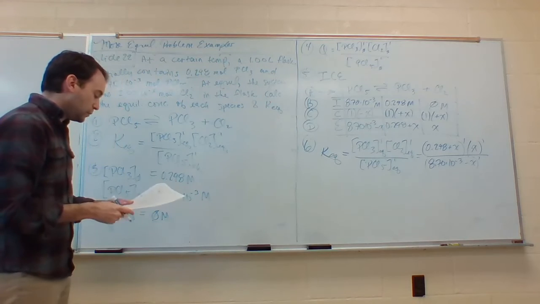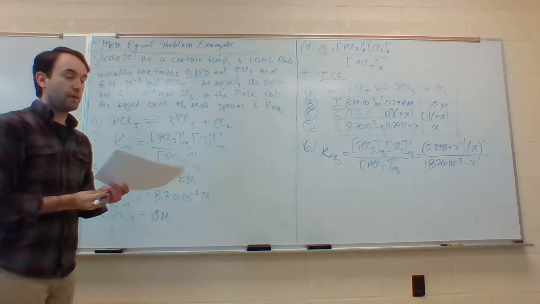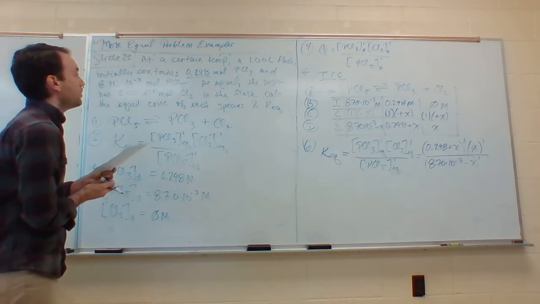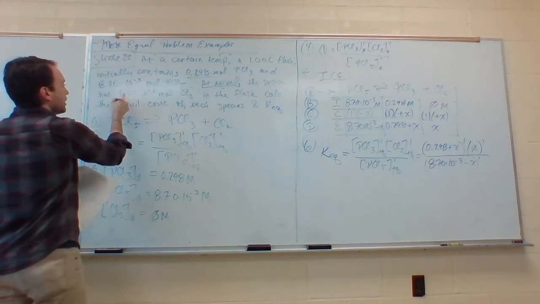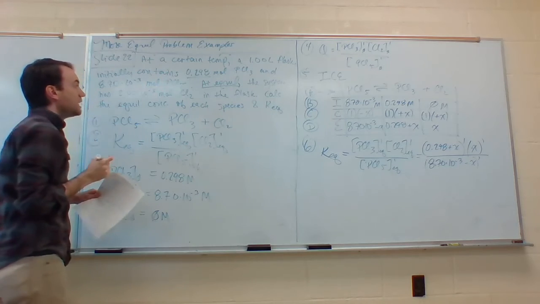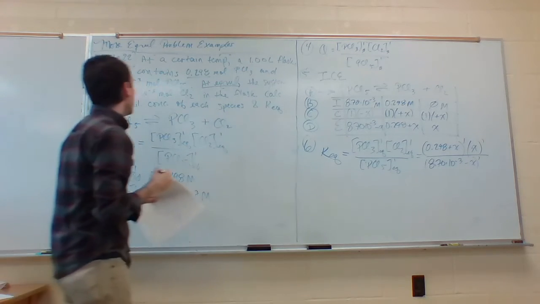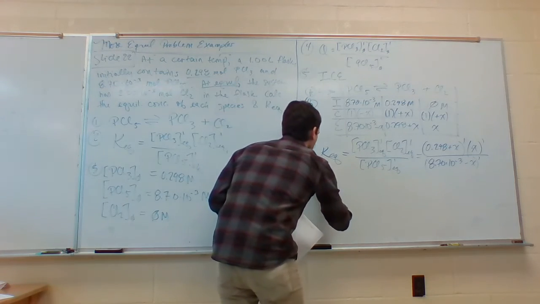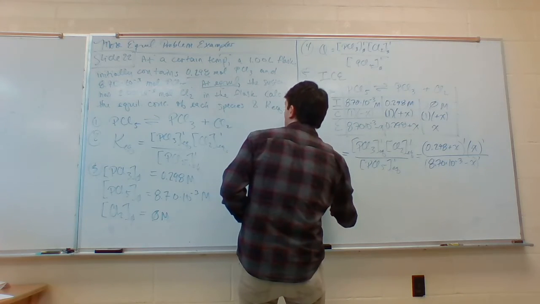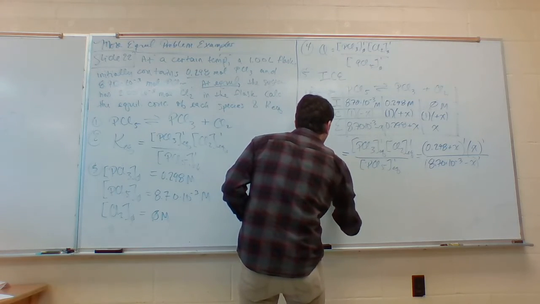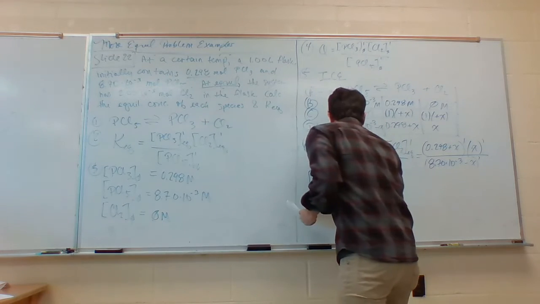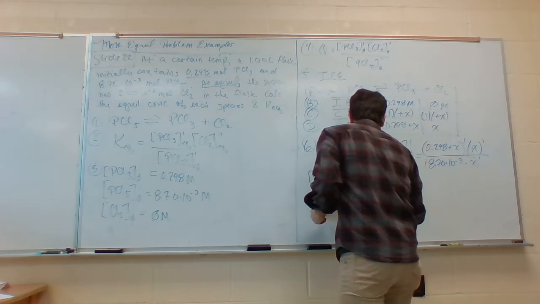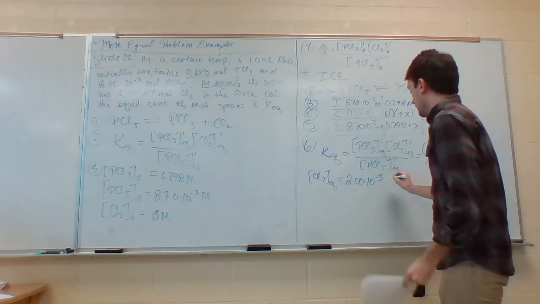All right, at this point, what other piece of information do we know? Well, we also know that the concentration of Cl2 at equilibrium is equal to 2.00 times 10 to the negative third molar, right?